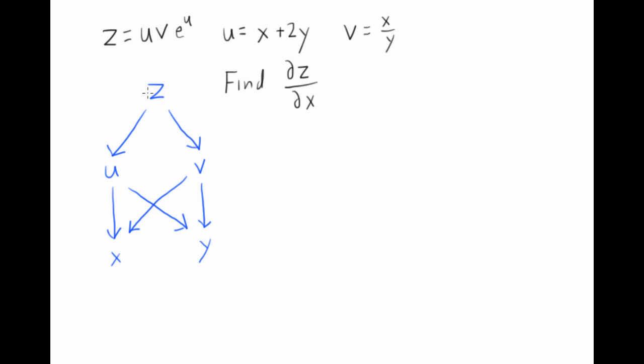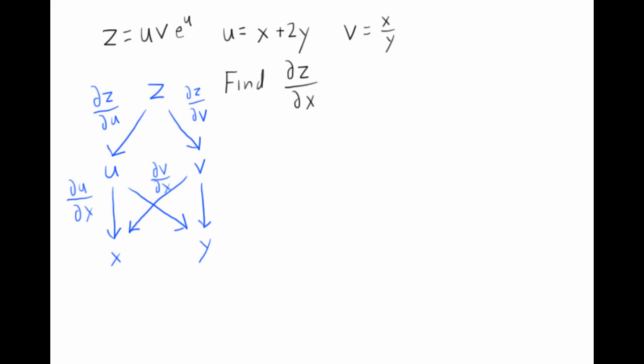Well, I can go from z to u to x. That would be with del z del u, and del u del x. And also I can go from z to v to x. Del z del v, del v del x. Those are my two pathways.